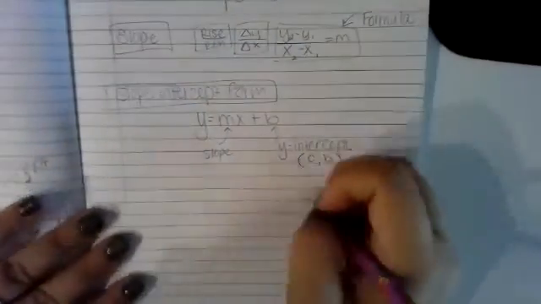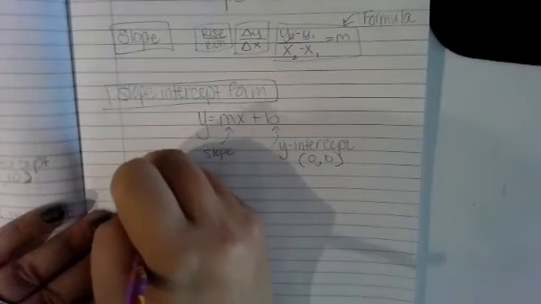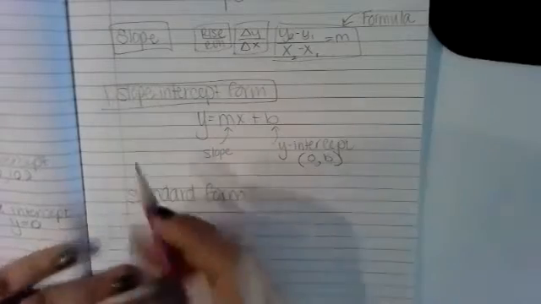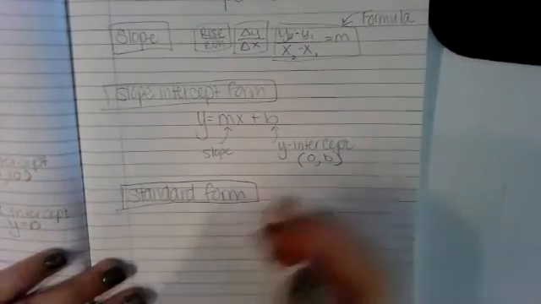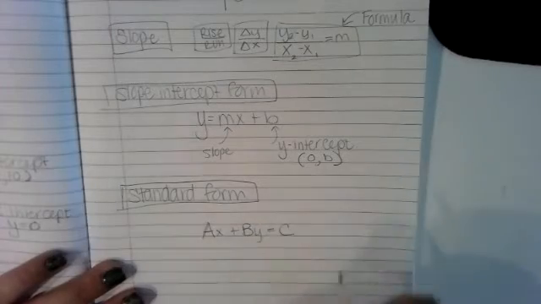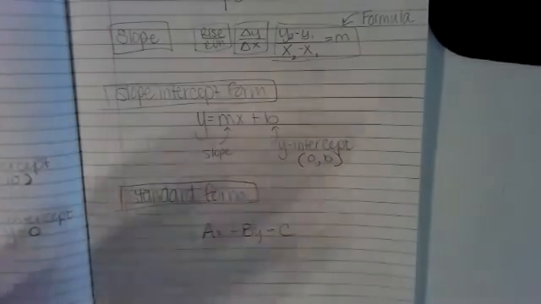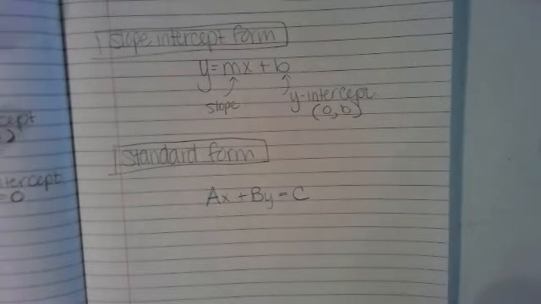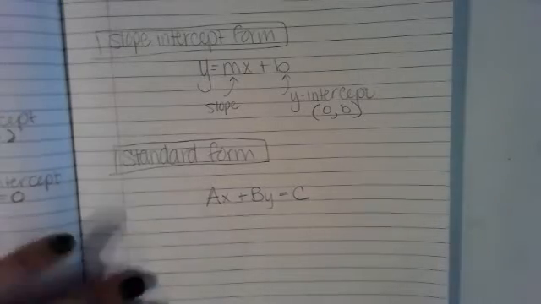Then we look at standard form, and that is ax plus by equals c. At this point in time, the main thing we are doing with standard form is using it to identify our intercepts in order to graph.